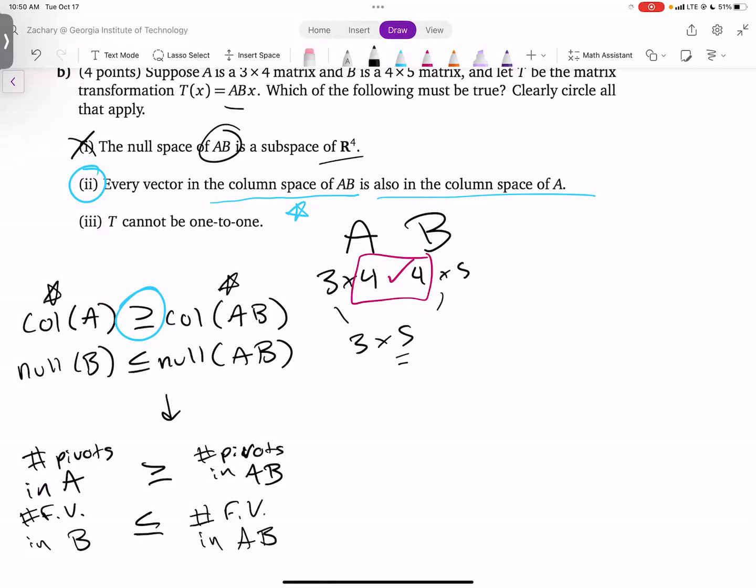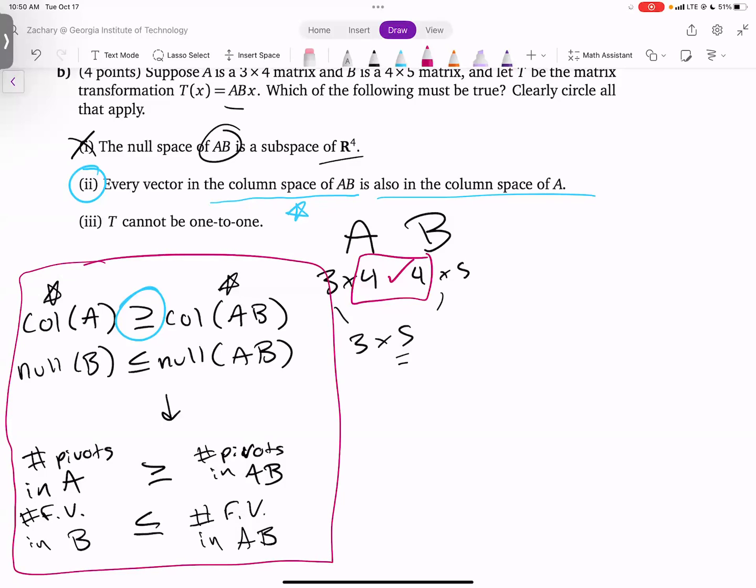It's the same kind of duality: they have the opposite sign, one's talking about pivots, one's talking about free variables. So just know these equations. They come up in a few different cases of short answer and true or false and things like that.